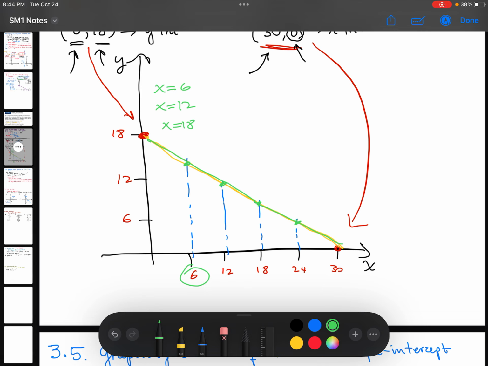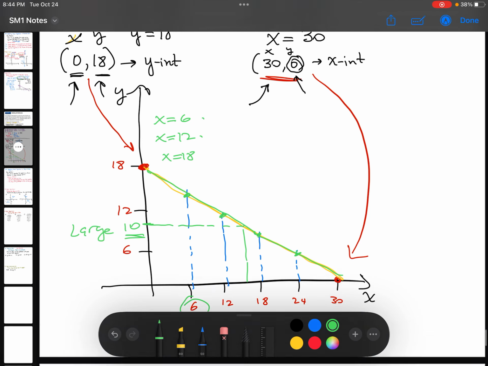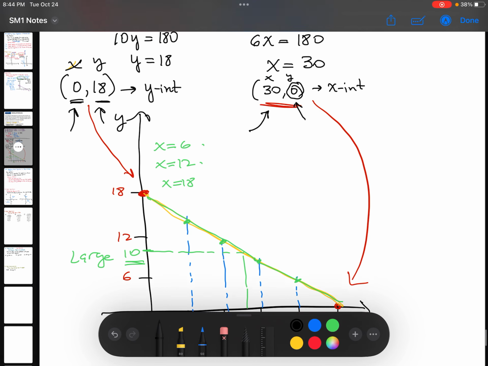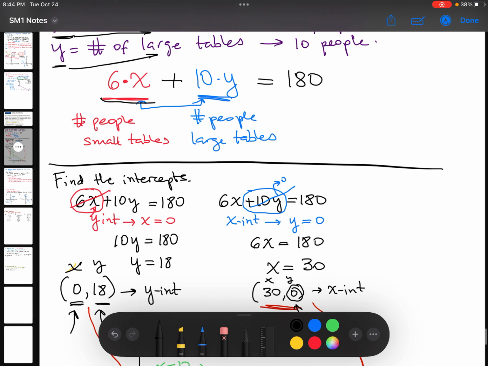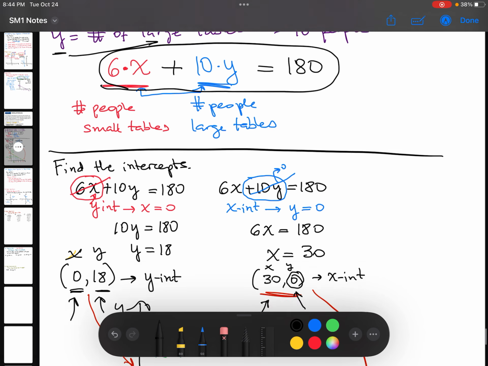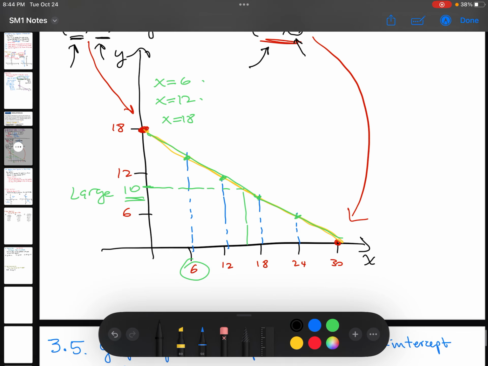So based on that, let's try to figure out what happens for 6, 12, and 18 small tables. We need our equation. The equation is right here: 6x plus 10y equals 180.